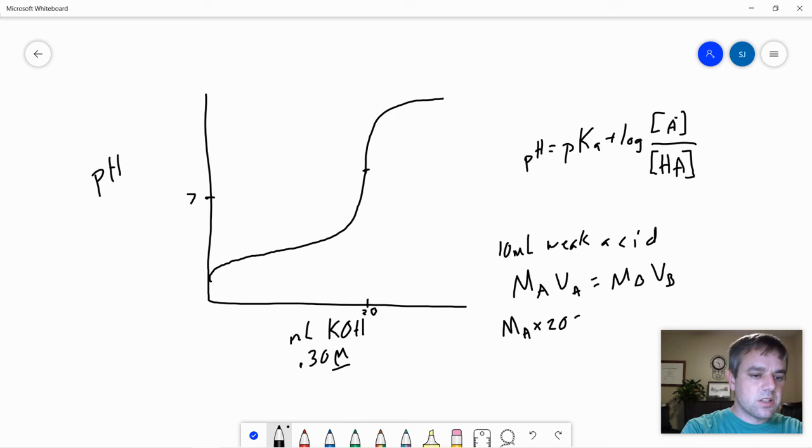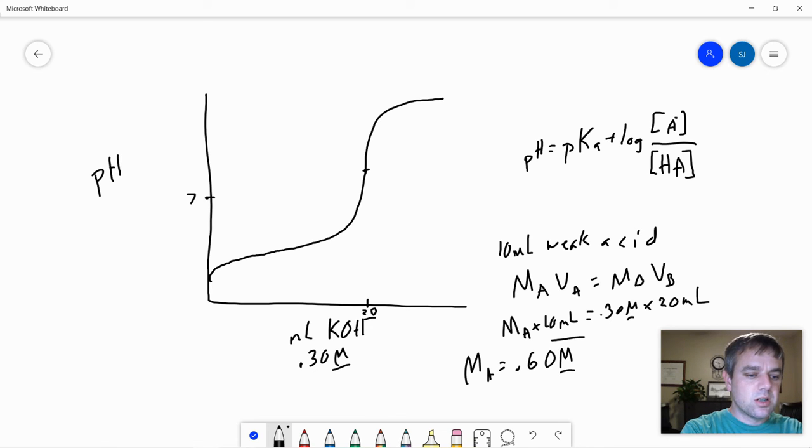So we could say the molarity of the acid we don't know, but that would be times 10 milliliters of that, which equals the molarity of the base times, well, the equivalence point took place at 20 milliliters, so we used 20 milliliters. So the molarity of the acid would be 0.60 molar.